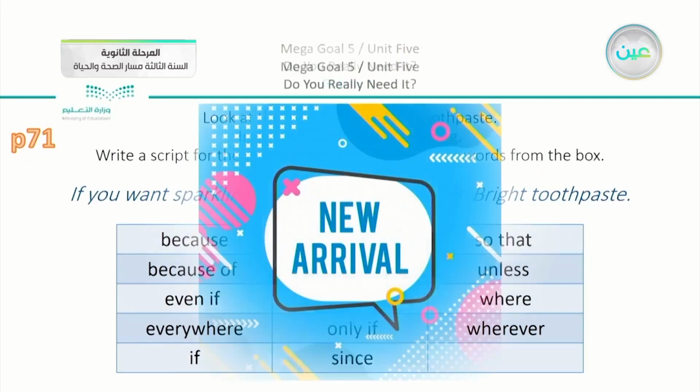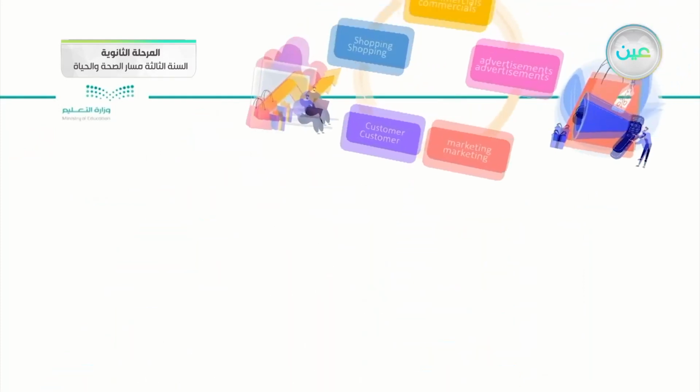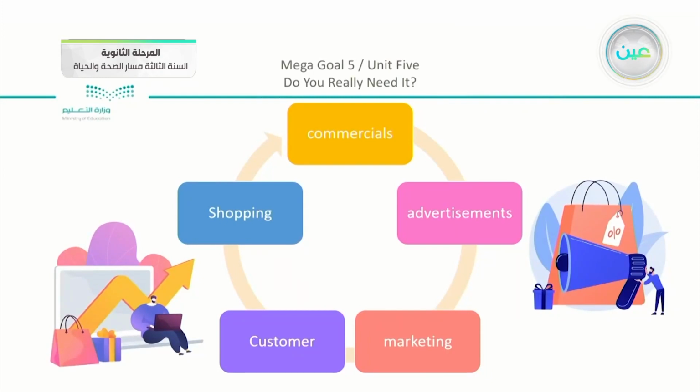Now we are going to move on. We have something new here. Now, going back to the idea of advertisements, we mentioned that we see advertisements, and commercials are also a kind of advertisement here. The reason for commercials or advertisements in general is marketing.